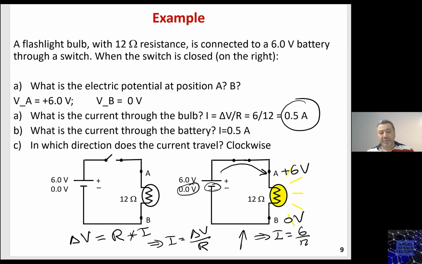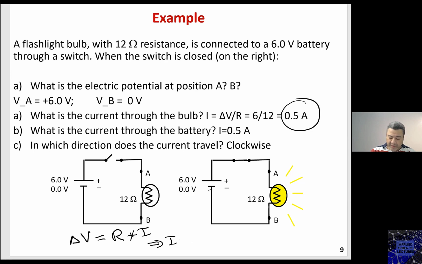What is the current through the battery? Well, since I have a closed circuit here, and the current is going from here all the way back, then definitely the same current that goes through the bulb would be the same current that goes through the battery, which is 0.5 ampere.